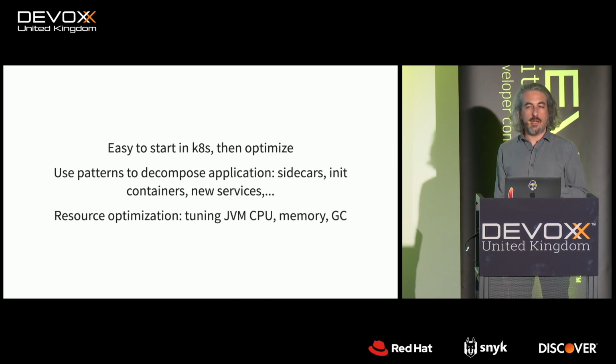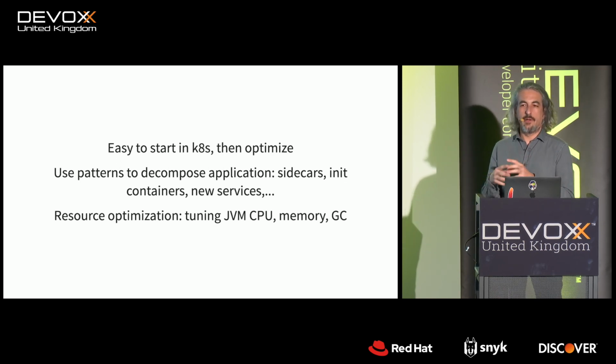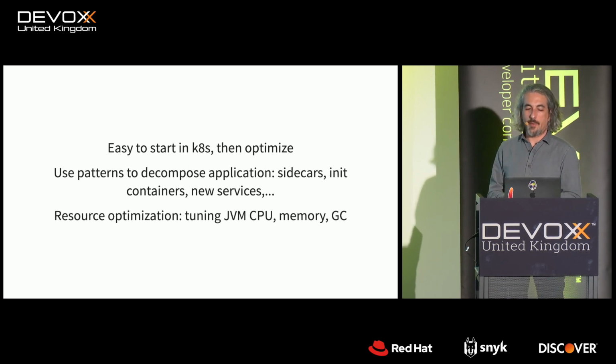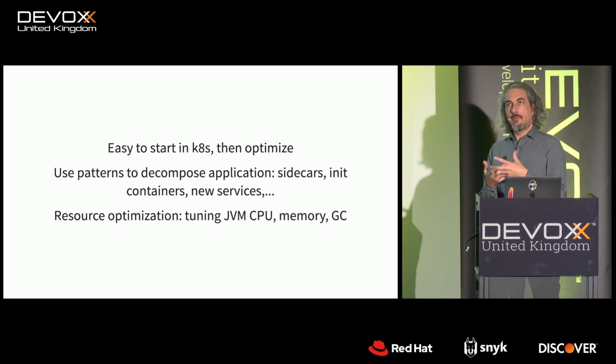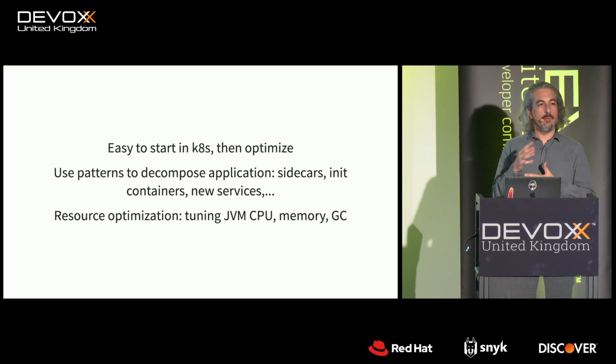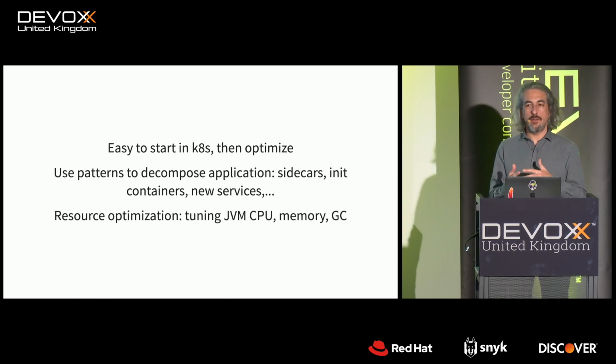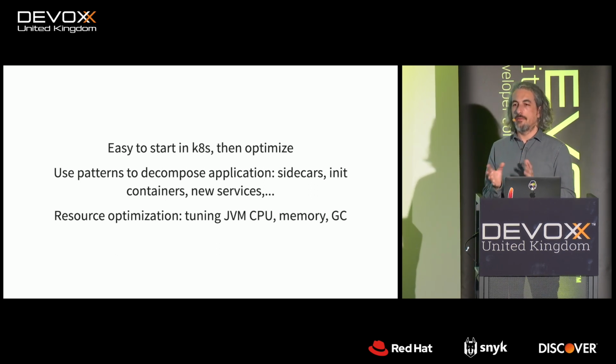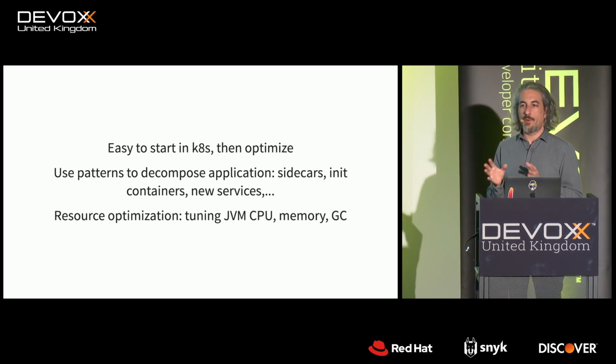We use init containers, and of course, the last step is creating more microservices that interact with your main application. And then there are multiple ways of optimizing the resource consumption that are fairly easy to use, like tuning the JVM, tuning the autoscalers, and so on. You just need to be aware of some gotchas like we were going through, right?